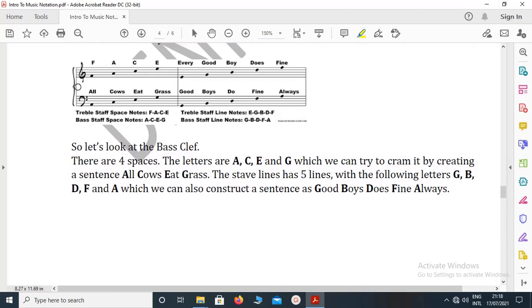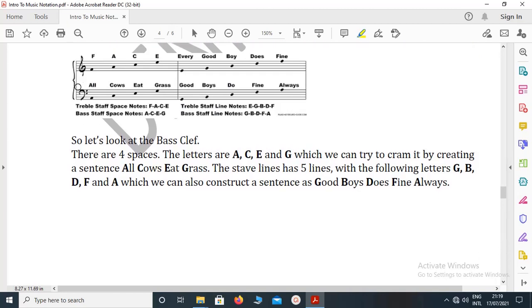The other acronym we normally use is for the bass clef, whereby the spaces, starting with the first space, that's the space below, we use letters A, C, E, and G, whereby these letters stand for every cow eats grass. That's one way we use for abbreviating it or grasping how to name that.